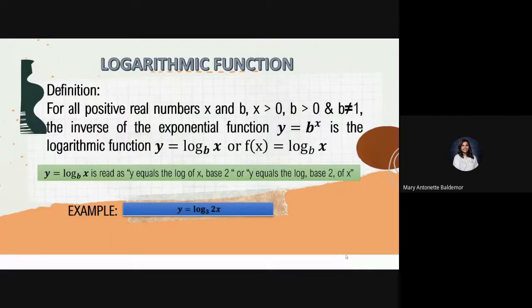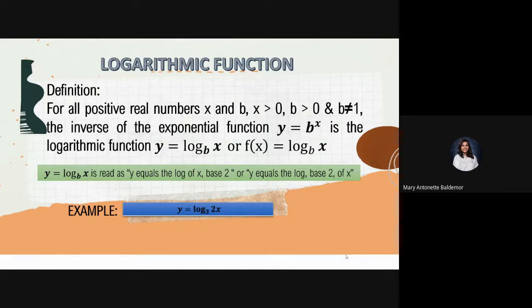So let's go back to the definition of logarithmic functions. For all positive real numbers x and b, x greater than 0, b greater than 0, and b should not be equal to 1, the inverse of the exponential function y equals b raised to x is the logarithmic function y equals the logarithm of x with base b, or f of x equals the logarithm of x with base b.